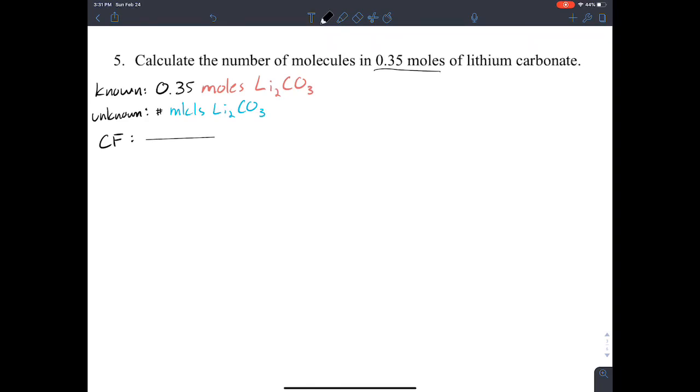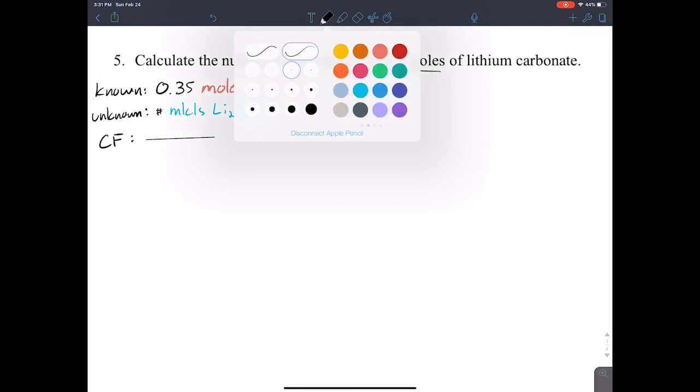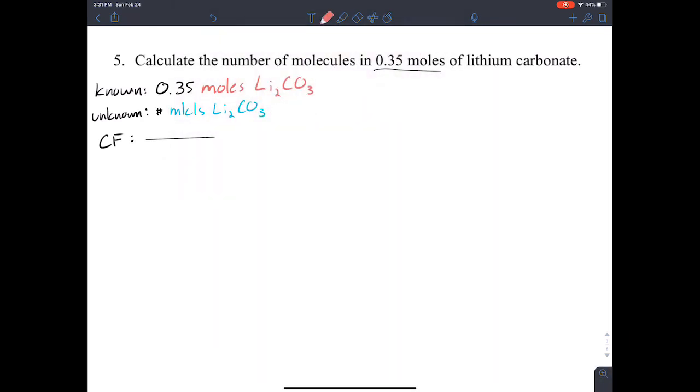You don't have to calculate the mass of it or anything, because we know how to go between moles and molecules: for every 1 mole of lithium carbonate, we will always have 6.02 times 10 to the 23rd molecules of lithium carbonate.